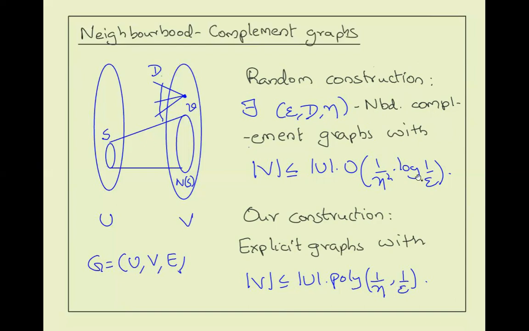This is not quite as good as the randomized construction because the dependence on epsilon is much worse, but it's nevertheless non-trivial and much better than the trivial construction. Improving this 1 over epsilon to log 1 over epsilon would allow us to get an optimal de-randomization of the circuit construction of RS.